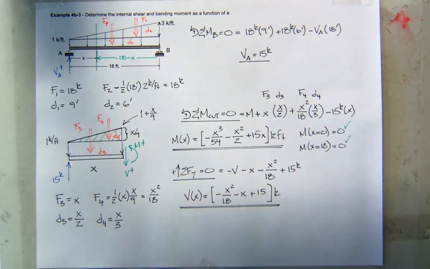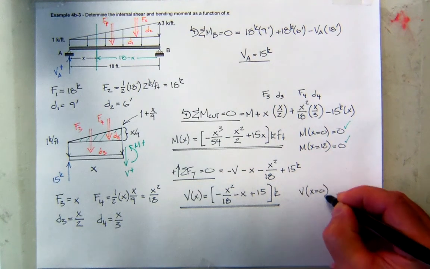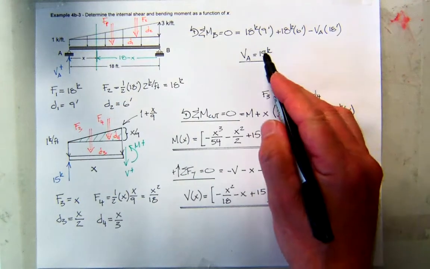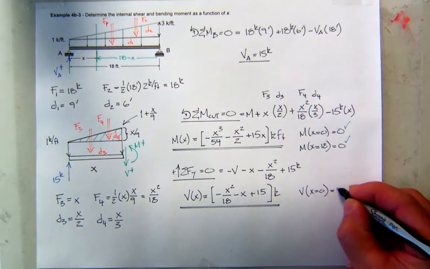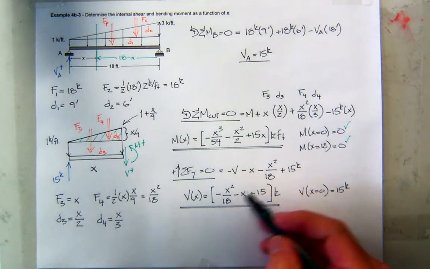Do I know the shear anywhere? What is the shear force at x equals 0? We solved for it. VA. And VA was 15. Does this give you the value of 15 when x is equal to 0? Yes, it does.